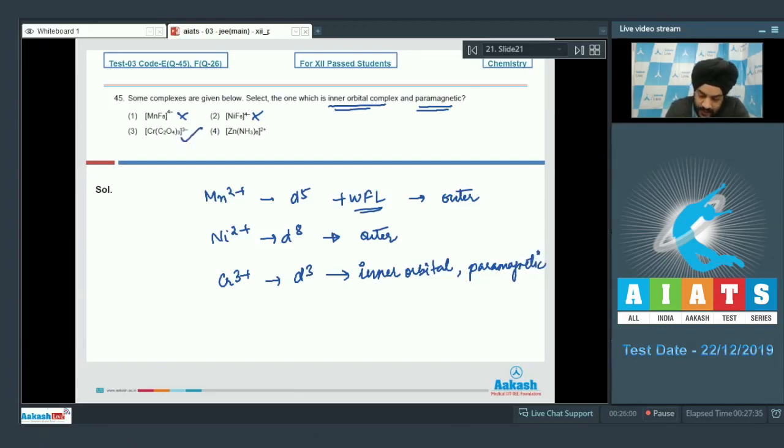So this has to be the answer to this question. If you talk about the last one, which contains Zn+2, Zn+2 has a d10 configuration, so it does not matter what the type of ligand is, it will always be an outer orbital complex. Okay. So students, for question number 45 we have to mark the correct answer as option 3. Let us look at the next question now, students.